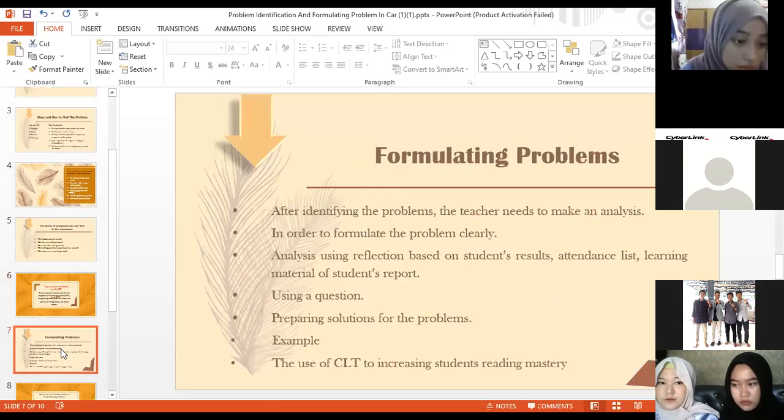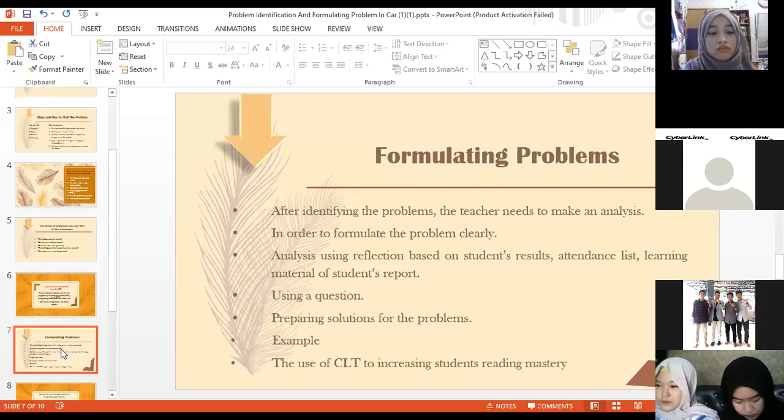Okay, formulating the problem. After you have identified several kinds of problems, you come to formulating the problem. Formulating the problem refers to how you are going to ask the reader of your research about the problem that you are going to discuss.